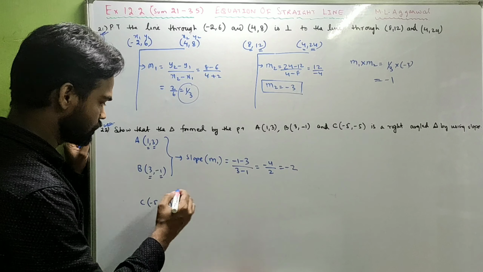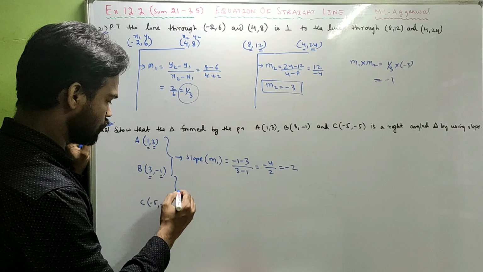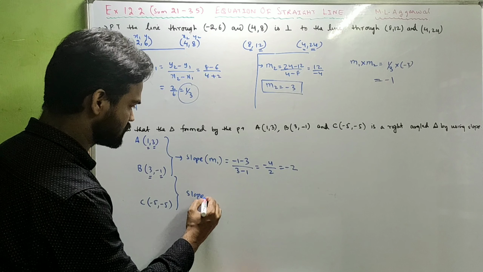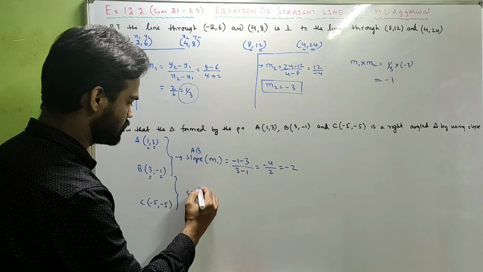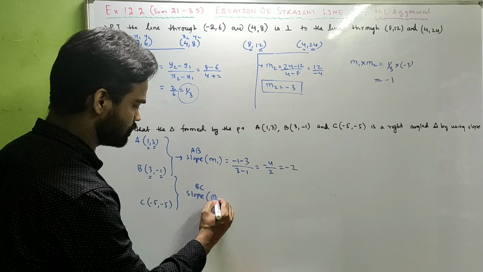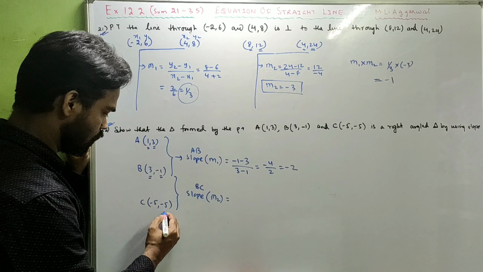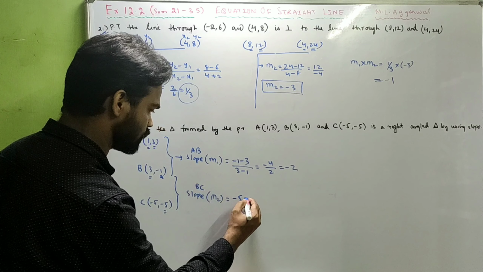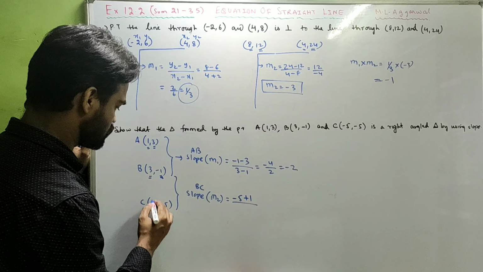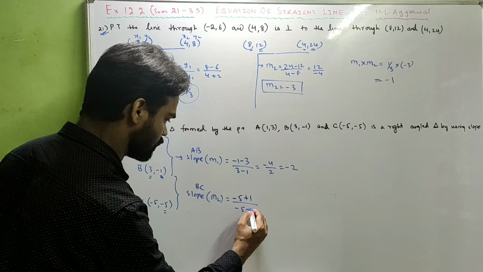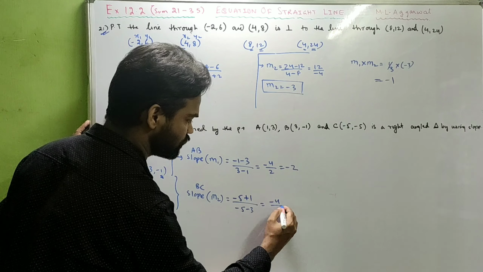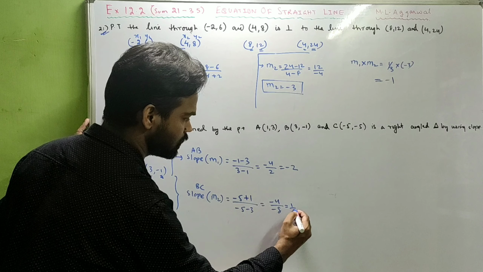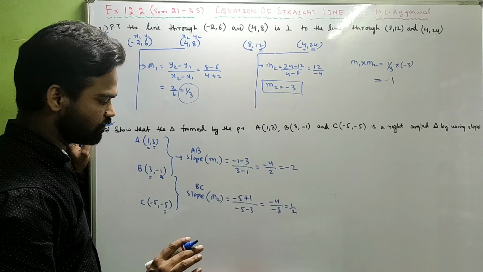Done. Similarly, this was the slope of AB. Slope of BC, suppose M2, again y2 minus y1, that's minus 5, minus of minus 1 is plus 1, and x2 minus x1, that's minus 5 minus 3, that's minus 4 by minus 8, and that is equal to half.